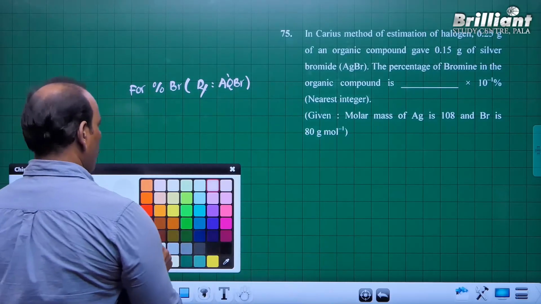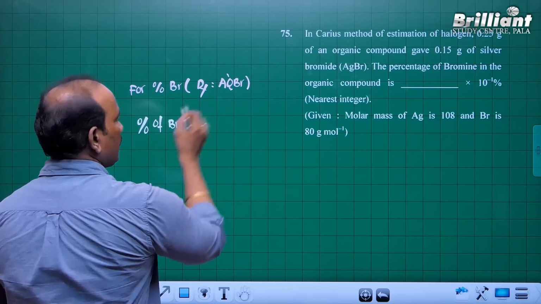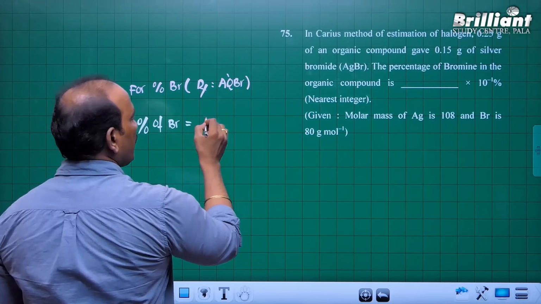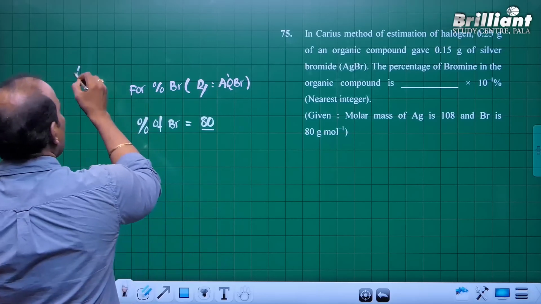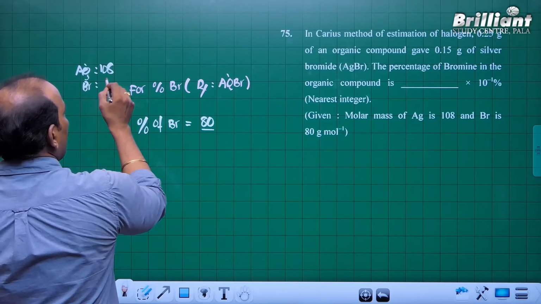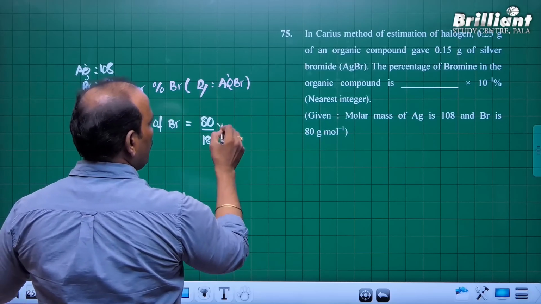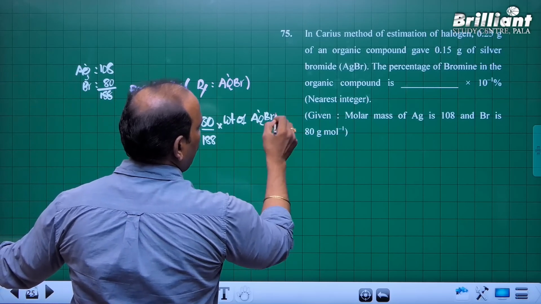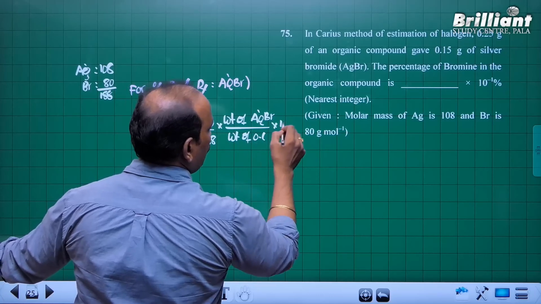Now, percentage of Br equals, with AgBr as the reference, the atomic weight of Br is 80 and AgBr weight is Ag 108 plus Br 80, that is 188. Therefore 80 by 188 into weight of AgBr by weight of organic compound into 100.